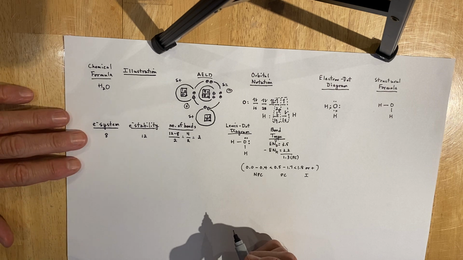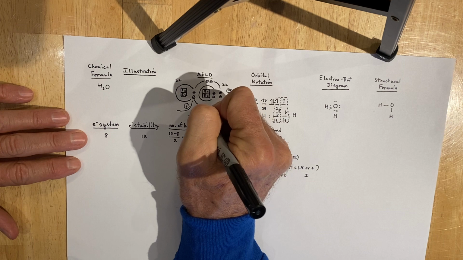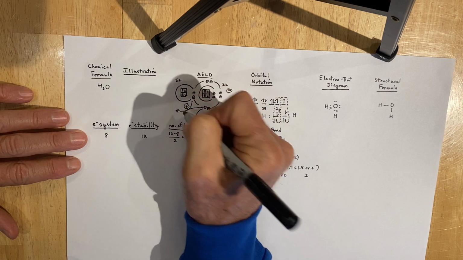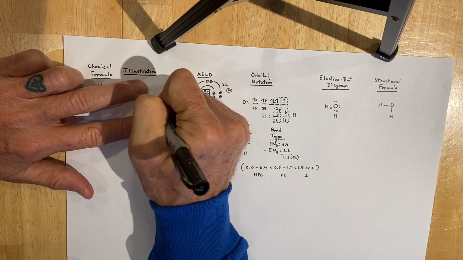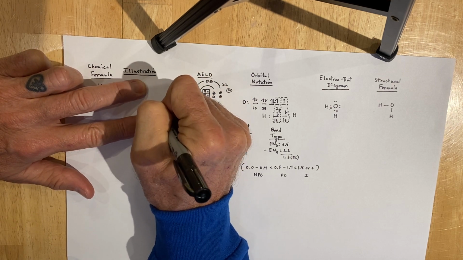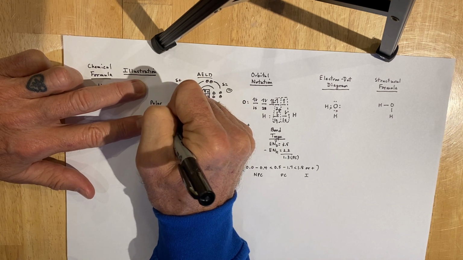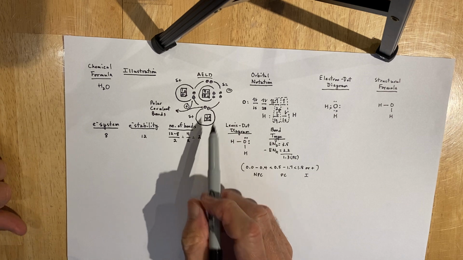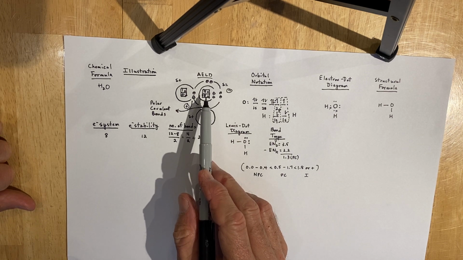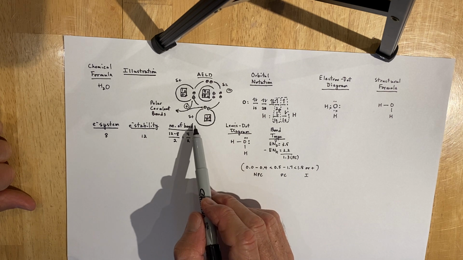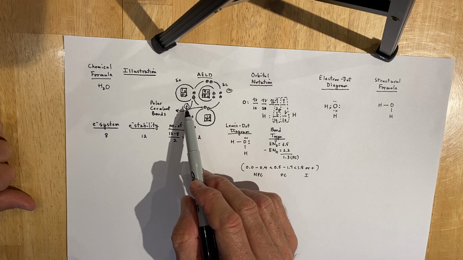And what we can say, in setting up that dipole, is that these two bonds are what we refer to as polar covalent bonds, meaning that because of the electronegativity difference between oxygen and hydrogen, the electrons are pulled closer to the oxygen than to the hydrogens, which leaves one end of the molecule negative, the other end positive.